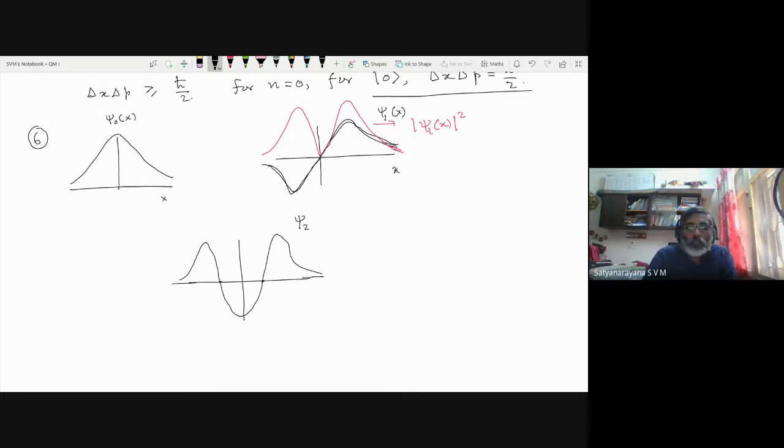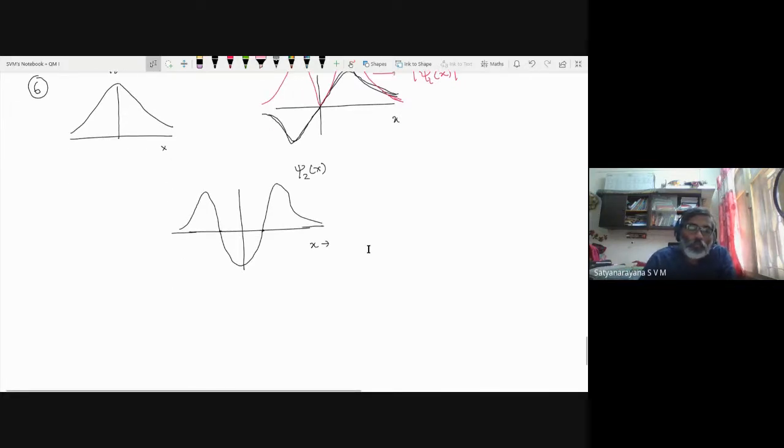Psi 2 of x versus x. So you can see that this is an even function, and this is an odd function, and this is an even function.